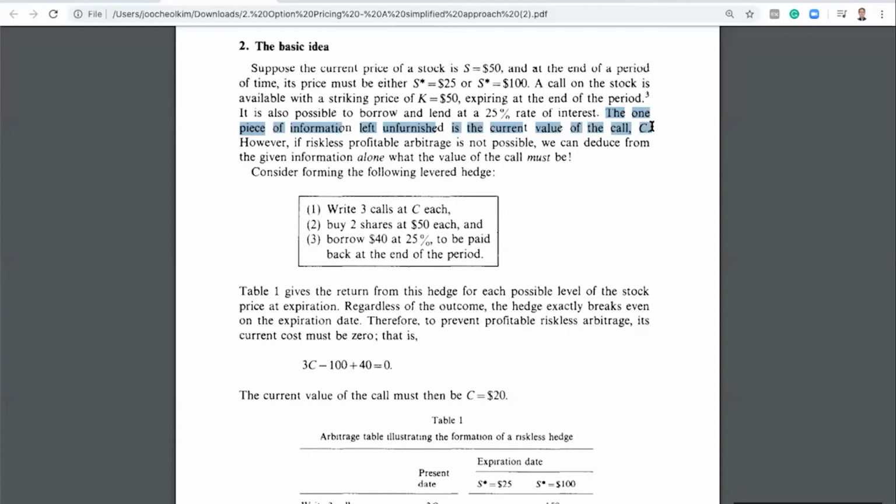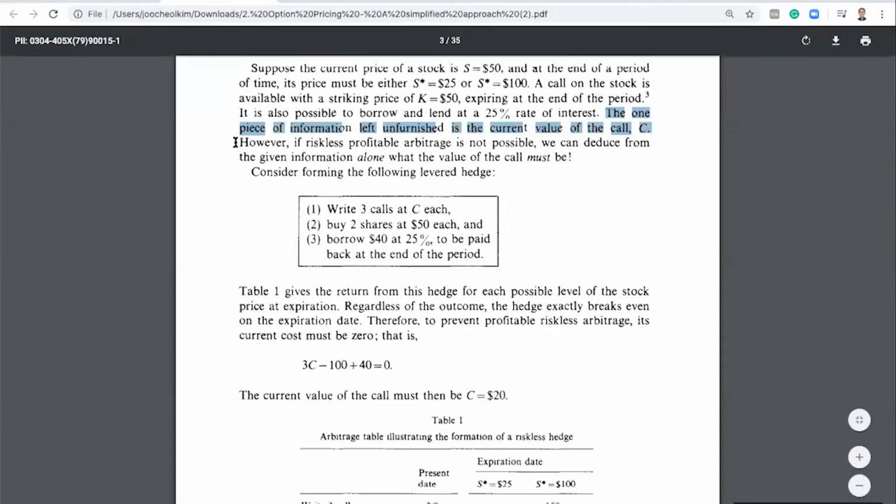The first 3 numbers are for the bank. The second 3 numbers are for the stock. And then in the third game, we don't know the current price of the call, but we know the upstate value and we know the downstate value. So the only information left unfurnished is the current price of the call.